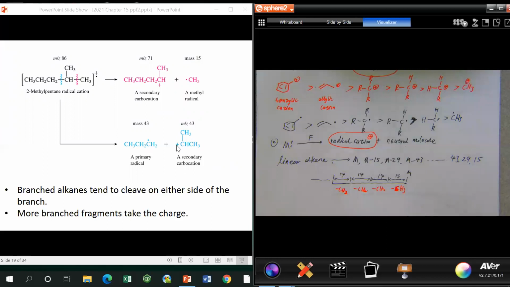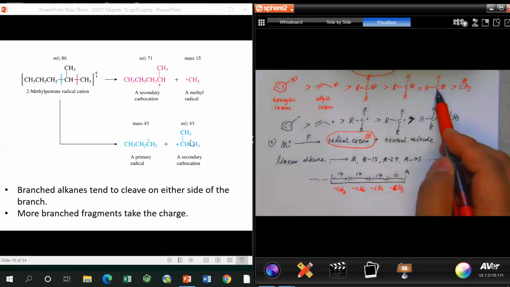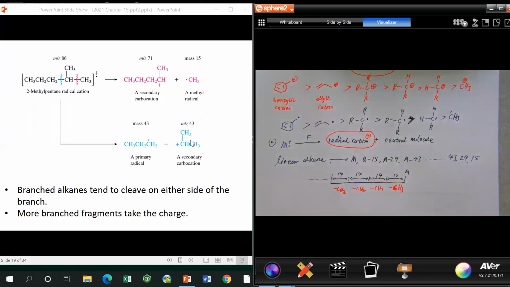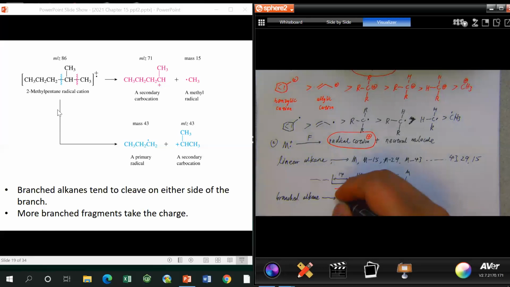Normally you want the charge on the more branched species, because a secondary carbon cation is more stable than a primary carbon cation. So keep that in mind: the charge goes on the more branched species. So the break occurs on either side of the branch.